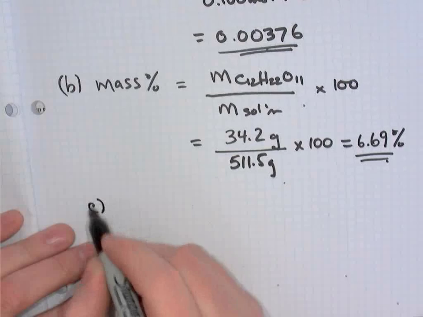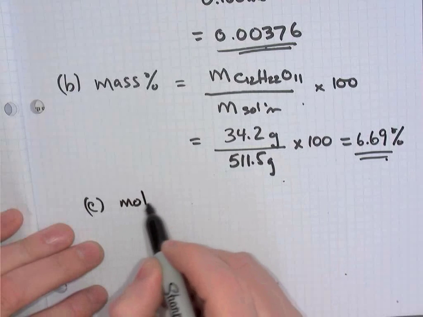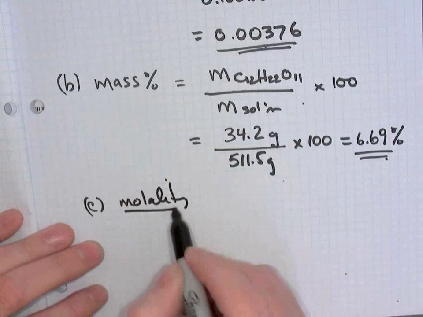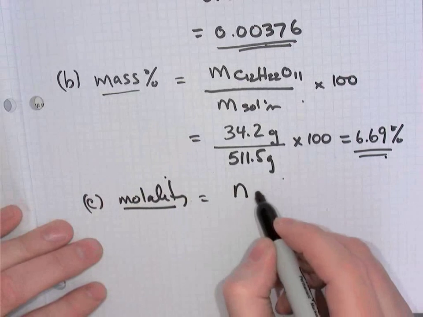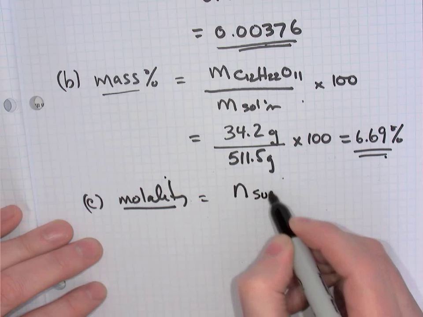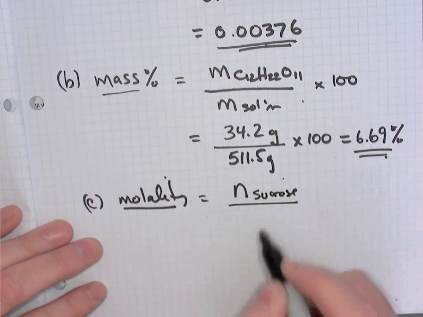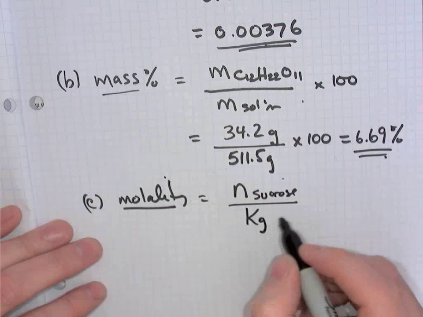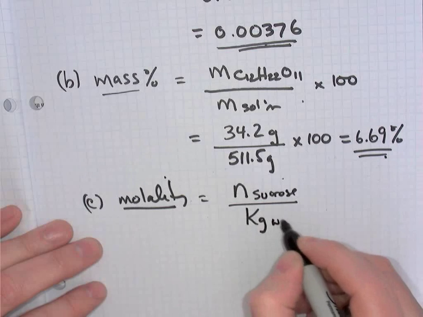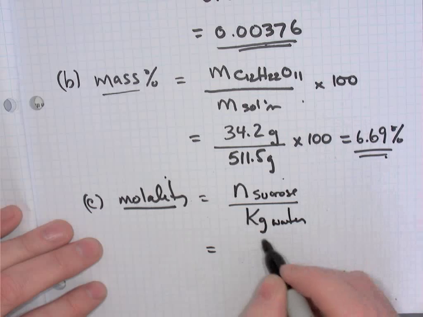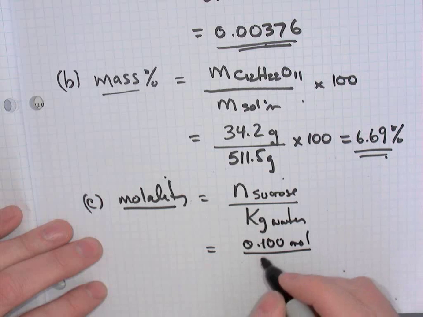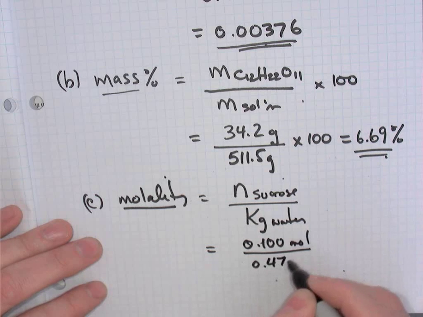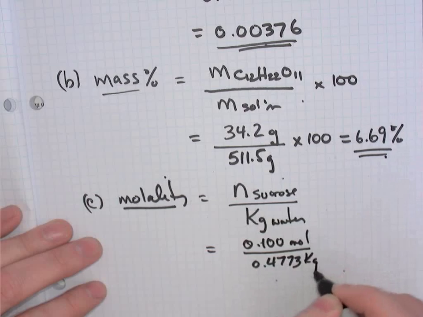And then the final thing we wanted was the molality. So the molality will be the moles of your solute, the moles of the sucrose, divided by the kilograms of the solvent, so the kilograms of the water in this case. So that'll be 0.100 moles divided by the kilograms of water, which was 0.4773 kilograms.